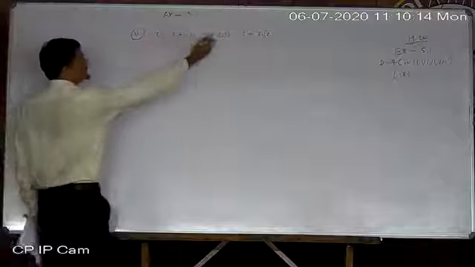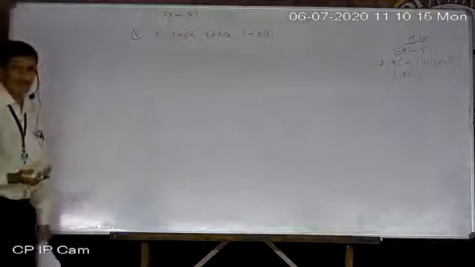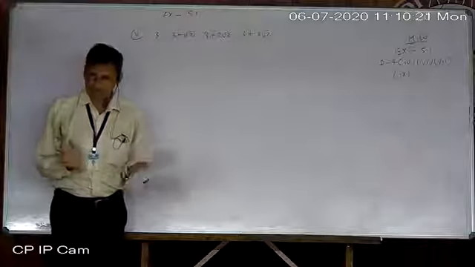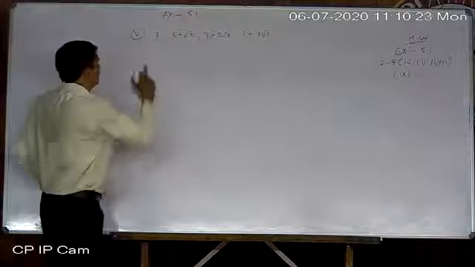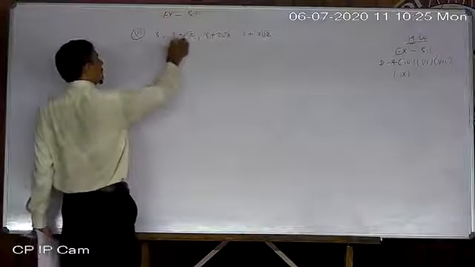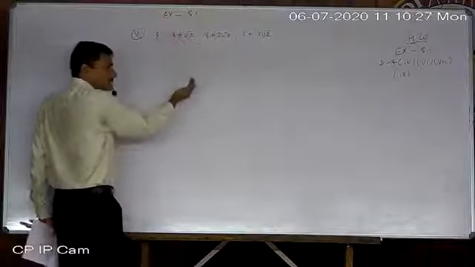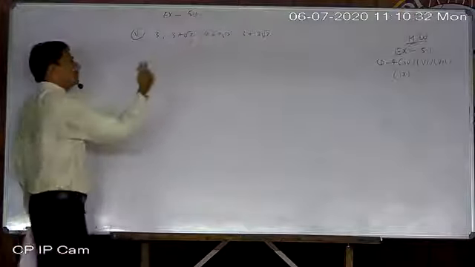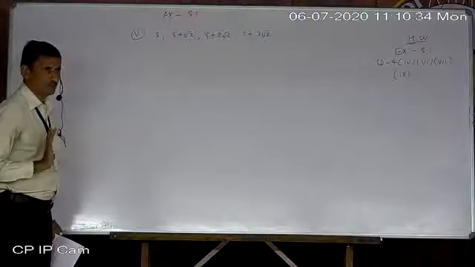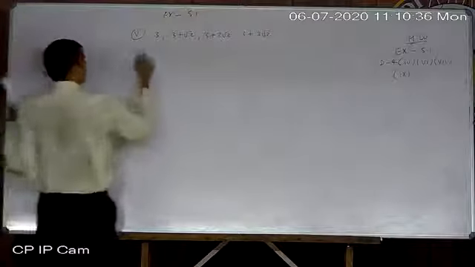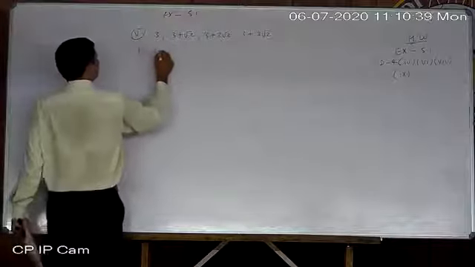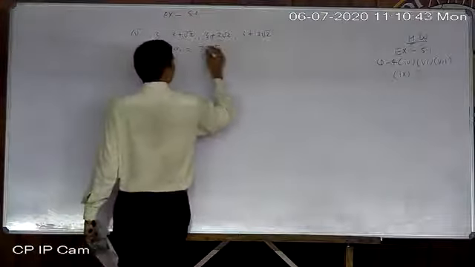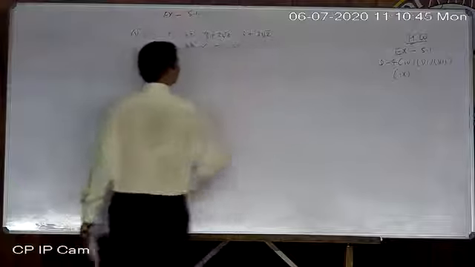Now, root 2 is added. If you add a rational and an irrational number, then they are unlike terms. They cannot be added. Okay. So, if you want 3 plus root 2, then it will be 3 plus root 2 only. Nothing else. If again you want to add root 2, then it will be 3 plus 2 root 2 only. So, now write down this way, d equal to a2 minus a1 means 3 plus root 2 minus 3, 3 cancelled, root 2.